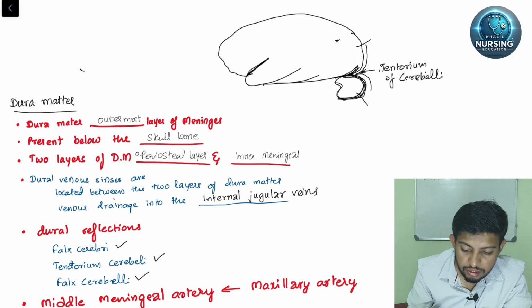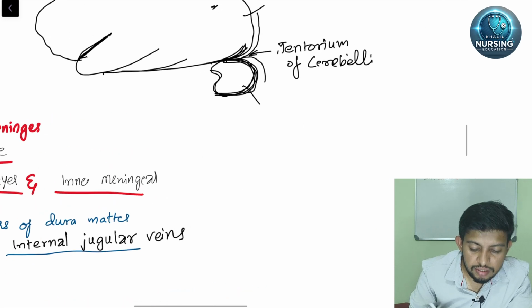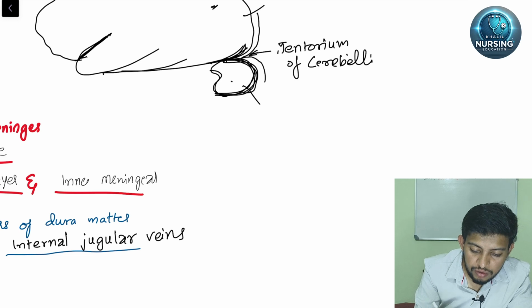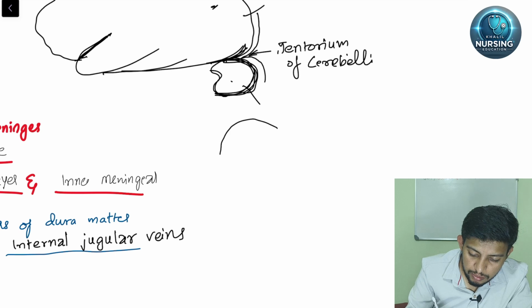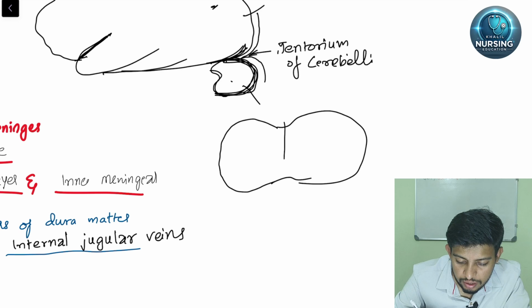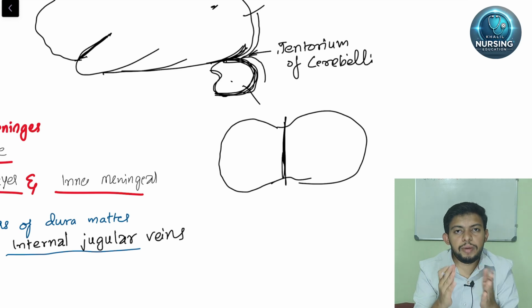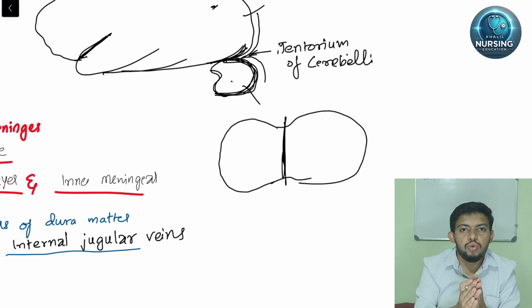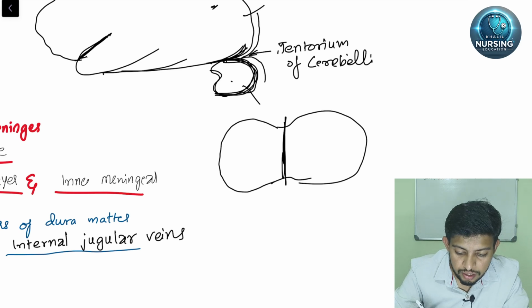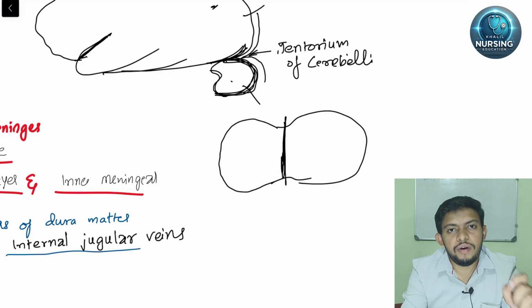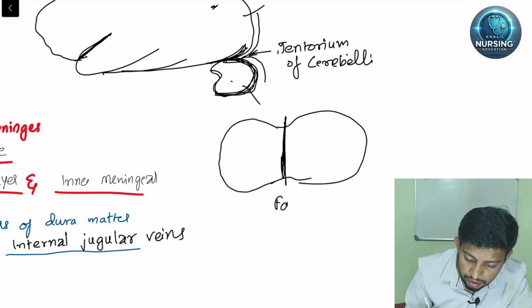Then what is the falx cerebelli? Falx cerebelli means, if this is the posterior aspect of the cerebellum, the dura mater which is separating the two cerebellar hemispheres into two halves, that fold will be called falx cerebelli.